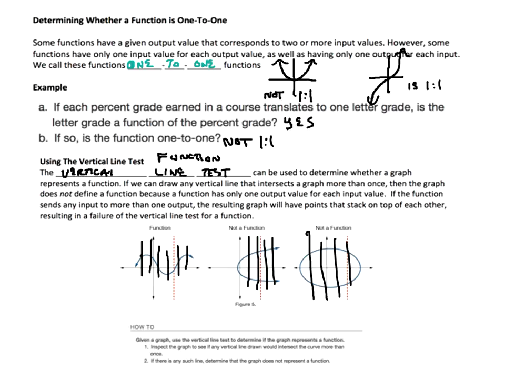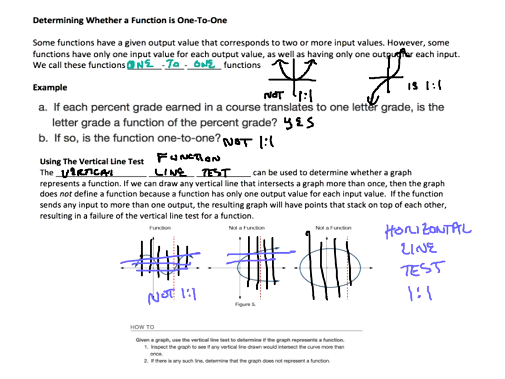The horizontal line test is a test for one-to-one. So if I put a horizontal line anywhere, this is not one-to-one. It is a function, but it's not one-to-one.